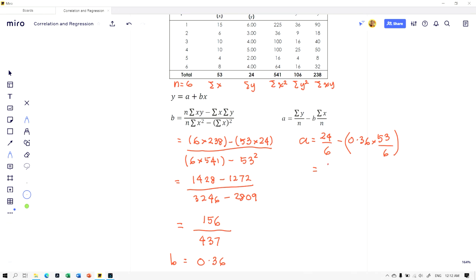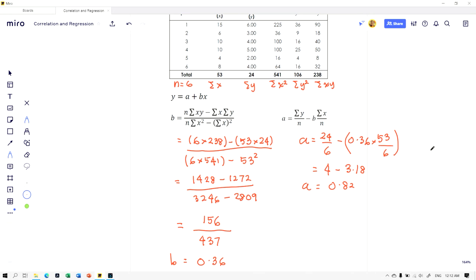This is equal to 4 minus the product of 0.36 times 53 divided by 6, which is equal to 3.18, and a is equal to 0.82.